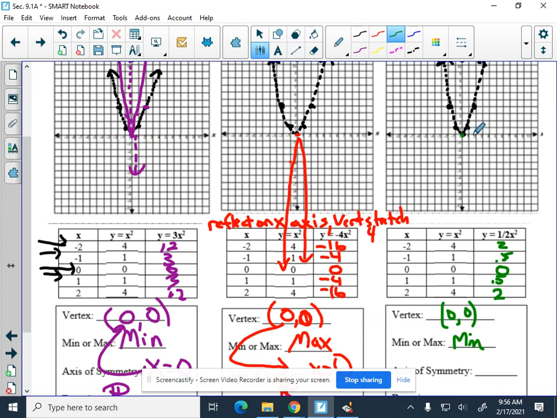0, 0. Now look at this second graph. 1 and a half. -1 and a half. Notice how those dots are below the parent graph. Okay? Then 2, 2, -2, 2.